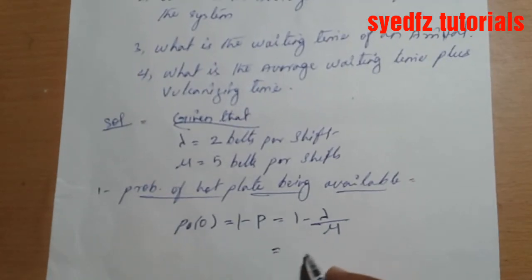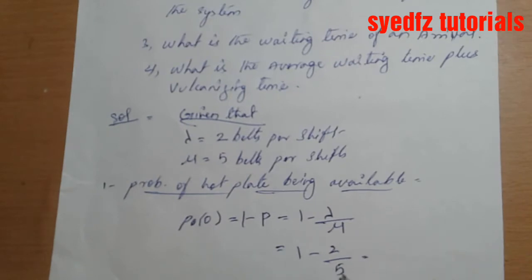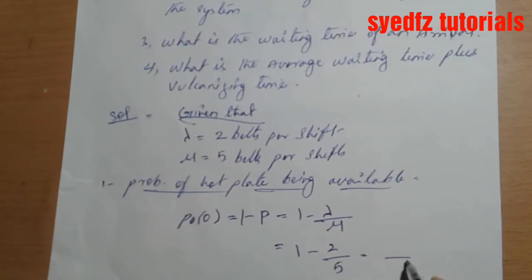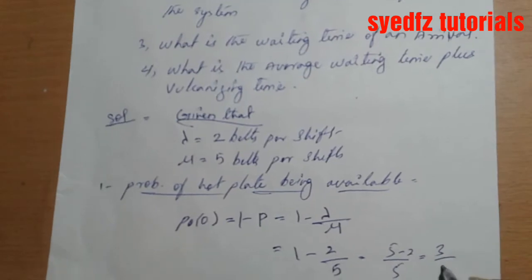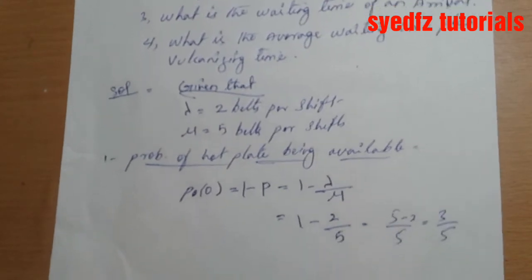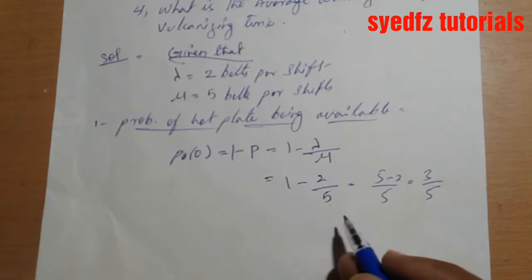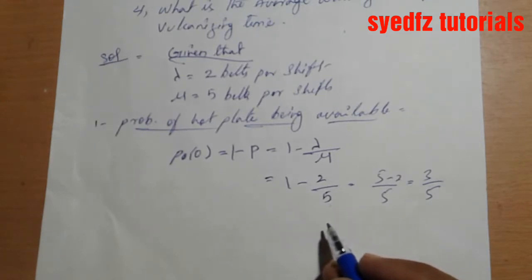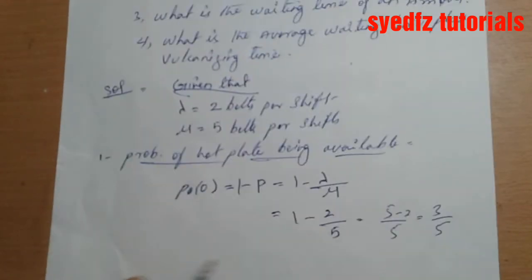That is 1 minus 2 divided by 5. Taking the LCM, 5 minus 2 is 3, so 3 divided by 5 is the probability of the plate being readily available.